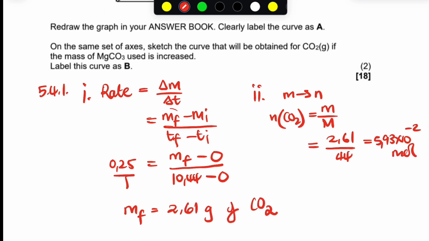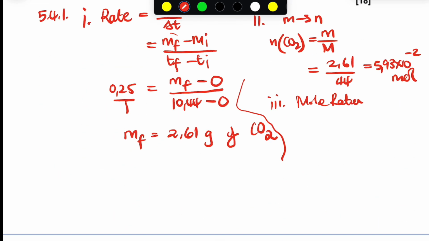mole, right? So step number 3, what we're going to do there, we're going to do a mole ratio, to get the amount of magnesium carbonate reacted.